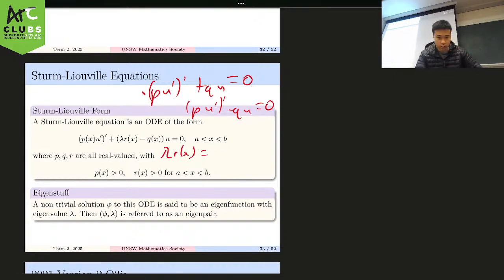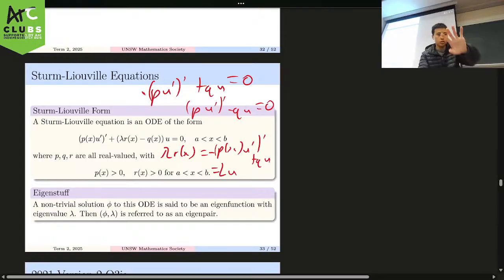But if I move the other stuff to the other side, what I find is this plus q of u, similar dx there. But that is our operator for our self-adjoint form, kind of. So it's really similar to eigenvalues and eigenvectors, because you've got this lambda that's a scalar of the function itself, r.